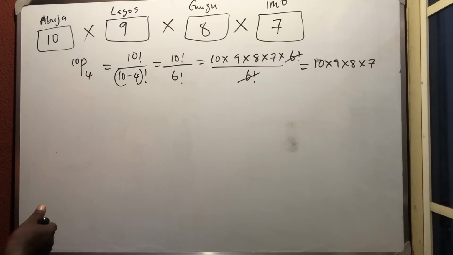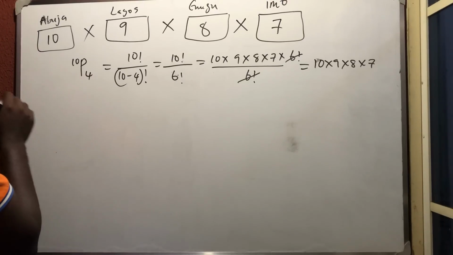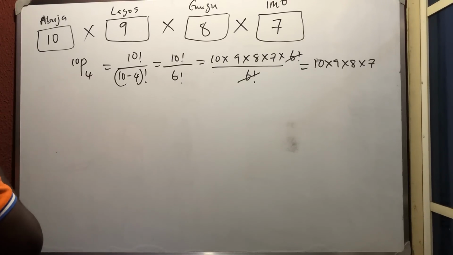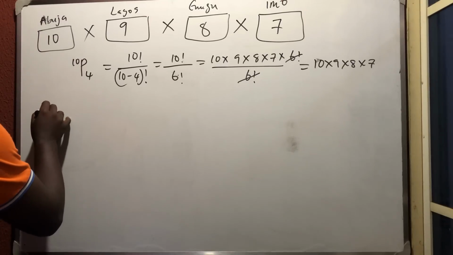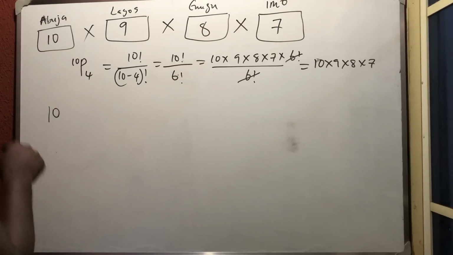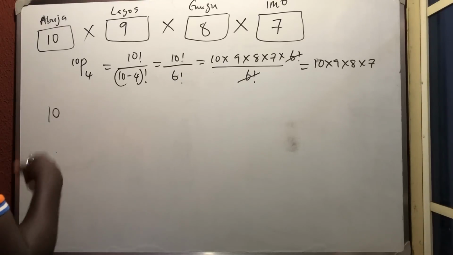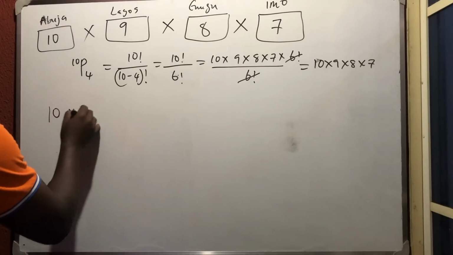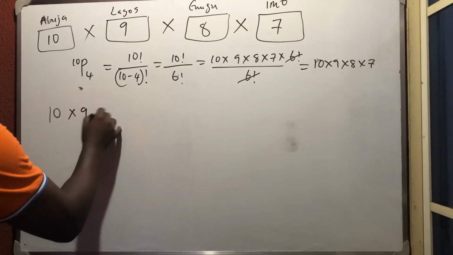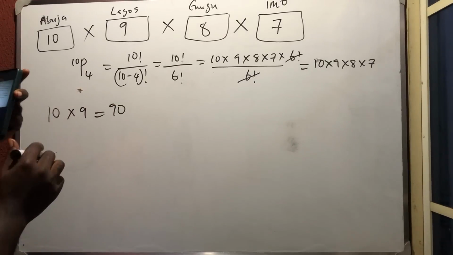In selecting a chairman, you have 10 people to choose one person from. Then it means for the co-chairman you have 9. That's all. 10 times 9, which is 90. As simple as that.